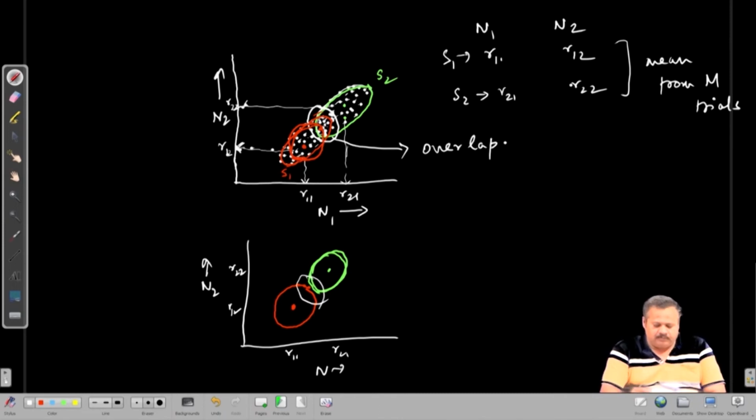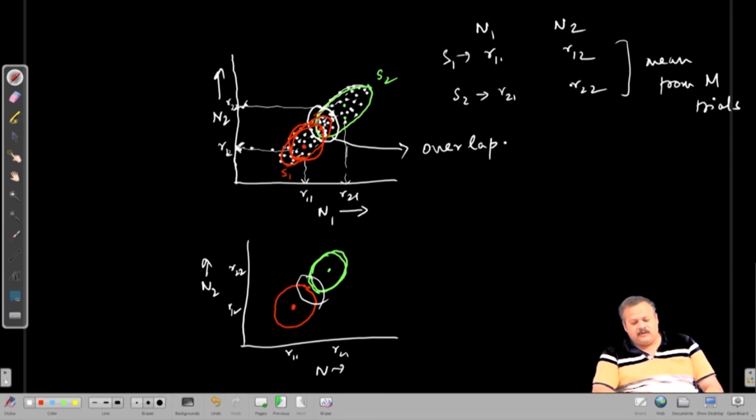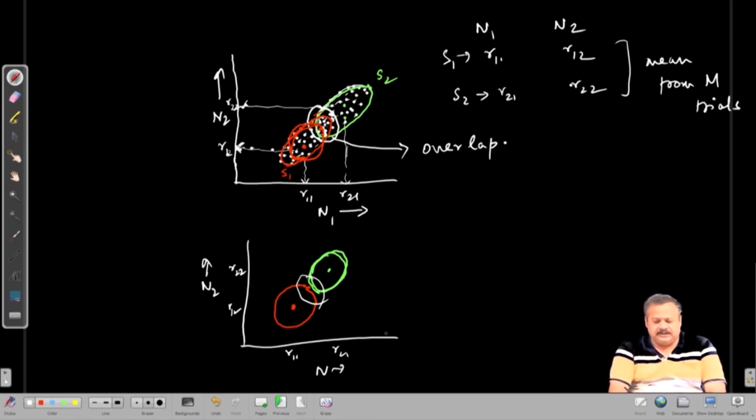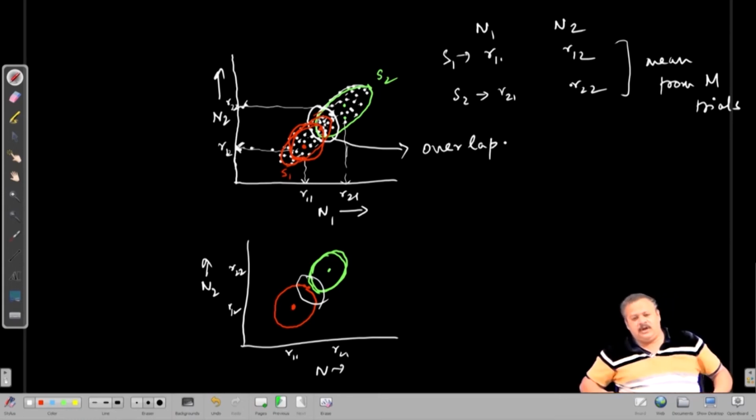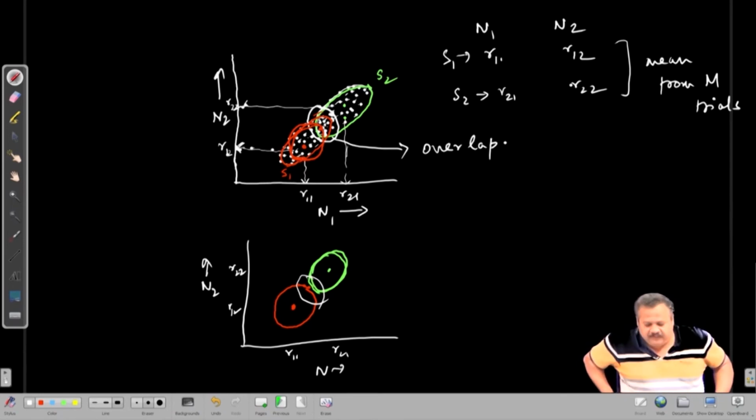It's probabilistic, so there will always be some overlap, but the extent of overlap is going to be much lower if the noise correlations were lower. So this is the case where S1 and S2 responses are such that there is a positive correlation in the responses to the stimuli.